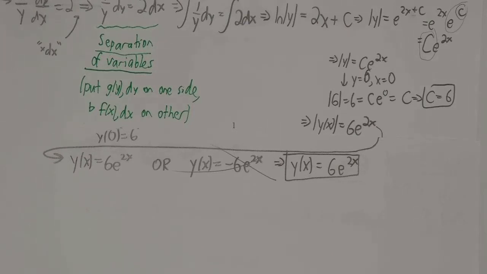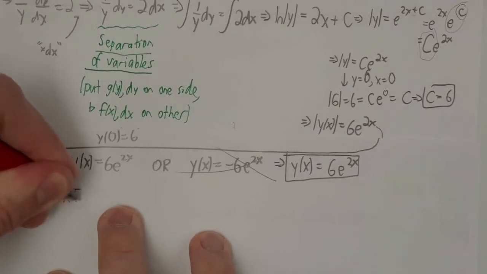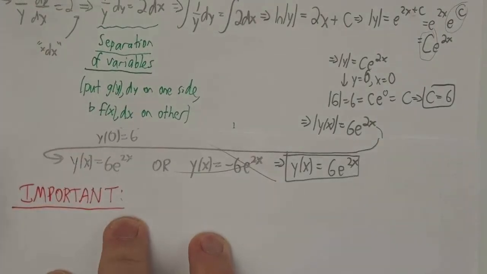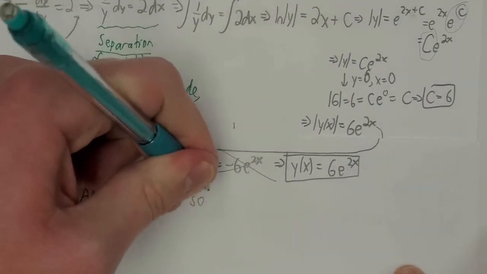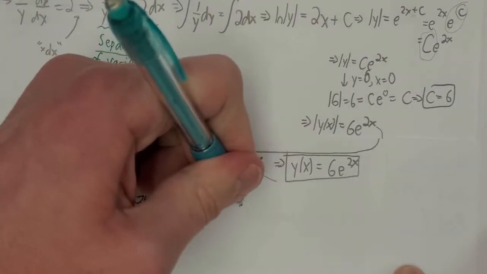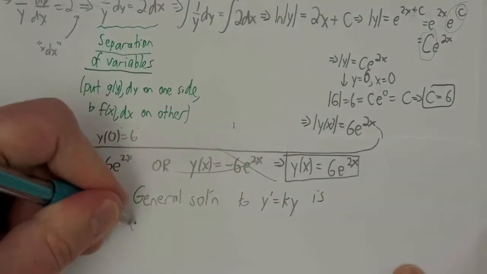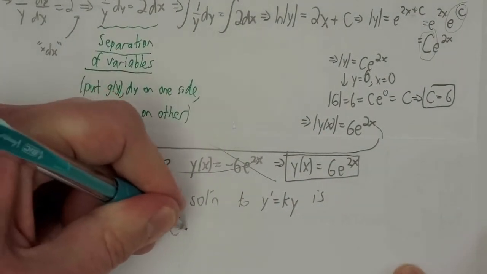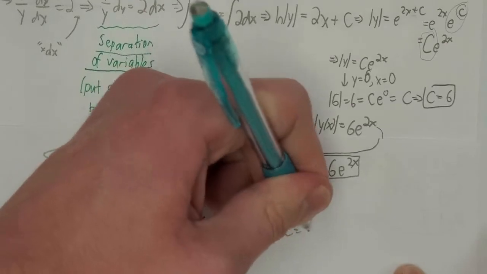Any questions on that example? Okay. So one important thing I'll remark here, just because this is pretty important. I know you saw this in 160.10, but I'll reiterate it here because of how important this is. So the general solution to y prime equals k times y is y of x equals c times e to the kx, where c equals y of 0.